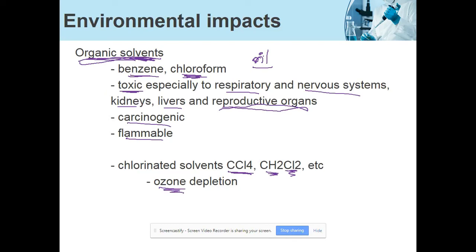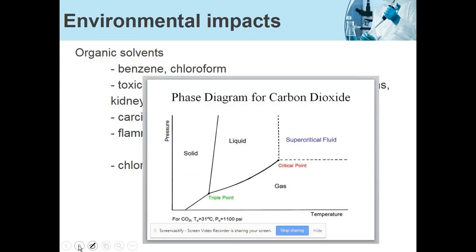If we don't have enough ozone in the ozone layer, more UV radiation from the sun gets through, and then there's more skin cancer. That's not what we want. So we should really do a good job of protecting the ozone layer, not allowing these chlorinated solvents to escape out into the environment. One option, an alternative to these organic solvents, is supercritical carbon dioxide.